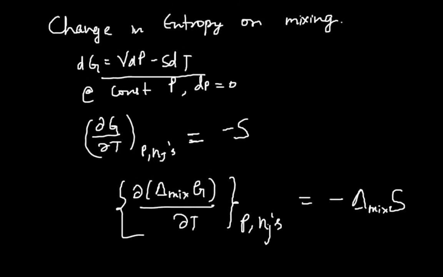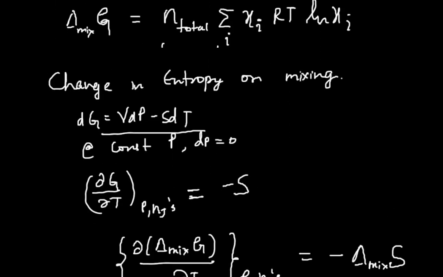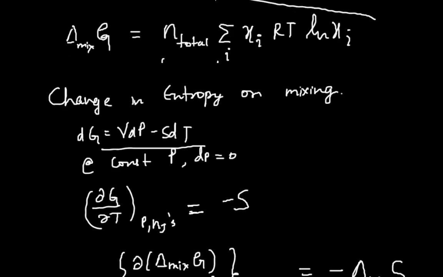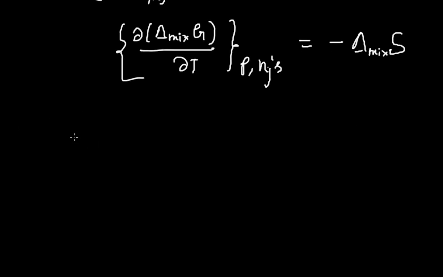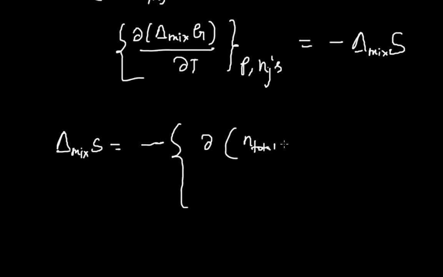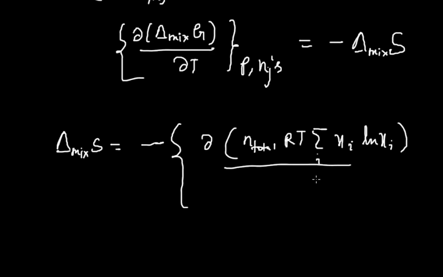Now if I substitute for delta mix G from this particular equation, what do I get? My delta mix S is given by minus dou of n total RT times the sum of xi ln xi, divided by dou T, holding pressure and amounts constant.